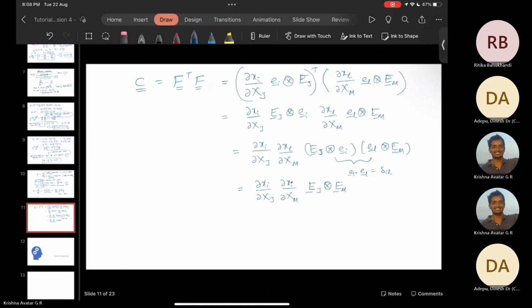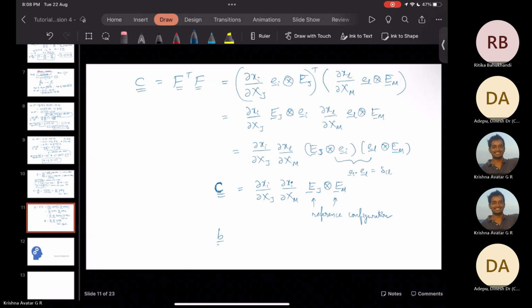Now you see that when C is represented in some basis, both of its bases are in the reference configuration. That's why C is represented in capital letters, because it belongs to the reference configuration.